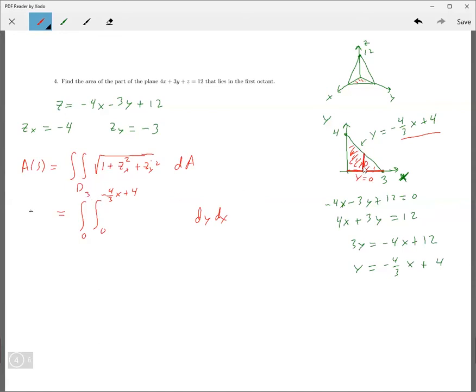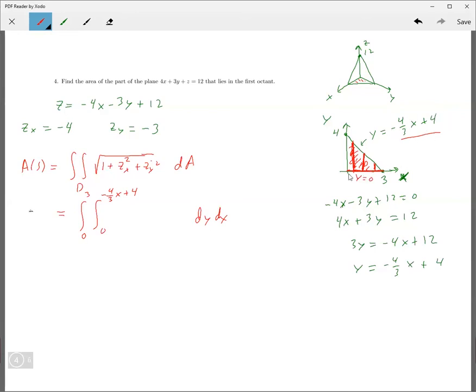Imagine, when you're doing the first integral, look at all these vertical lines of varying heights. You have one here, one there, all throughout the whole region. They all go from 0 up to here. That's how you can describe every single vertical line segment.